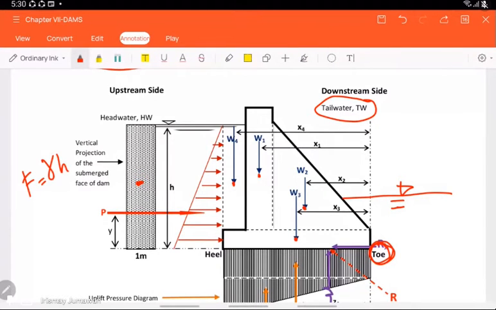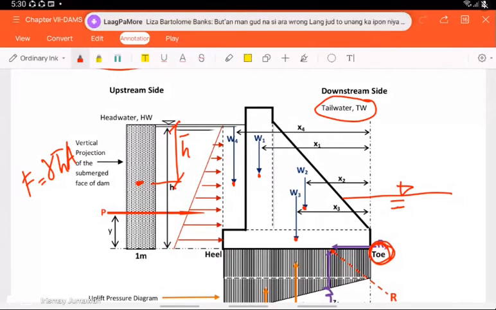So your h bar, that is from the center of gravity to the water surface. So this is how you are going to compute the horizontal force or the forces acting on a plane surface. Okay, so you have that one.